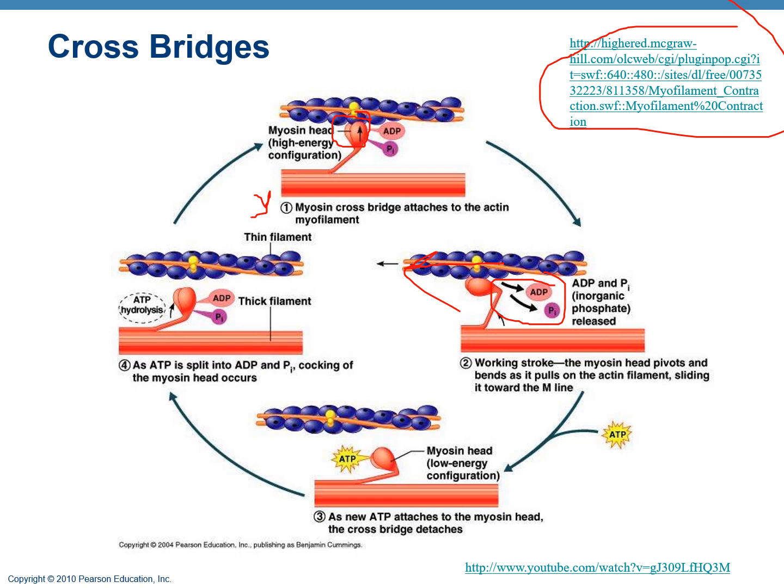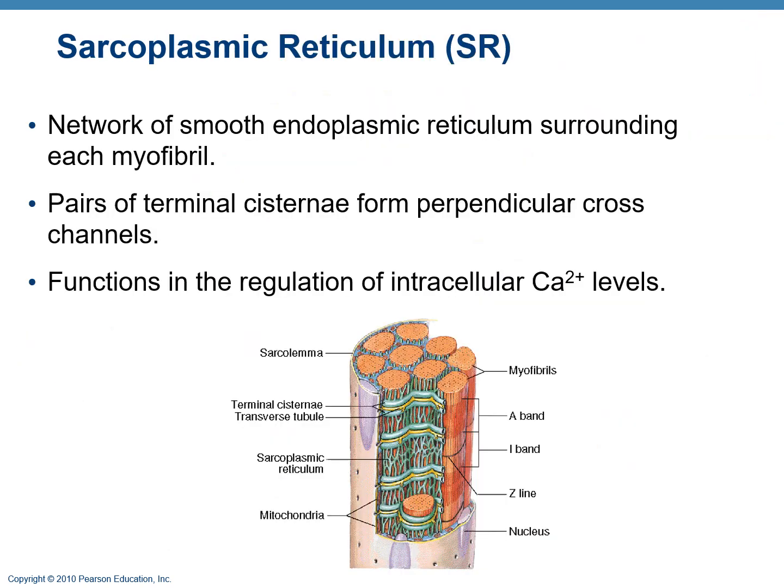Then the only thing that's going to cause the myosin head to release and recock so it can do another power stroke is to bind another molecule of ATP. As new ATP attaches to the myosin head, the cross bridge detaches. And then as ATP is split again, we cock and load that myosin head and another power stroke happens.